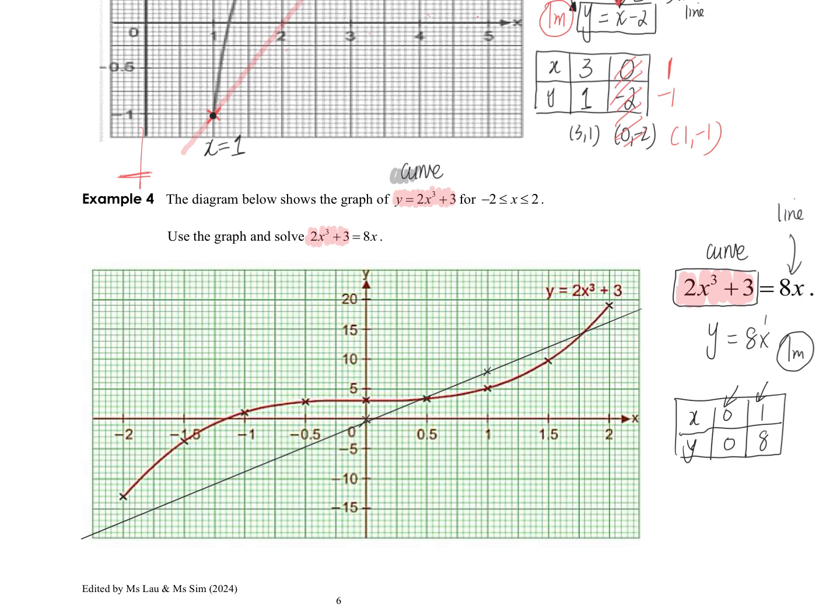Okay, so once you draw that line out, you will realize that there's one solution here and another one here. So one of the x is 0.5. The other x solution is here, which is 1.6, 1.7, 1.8.